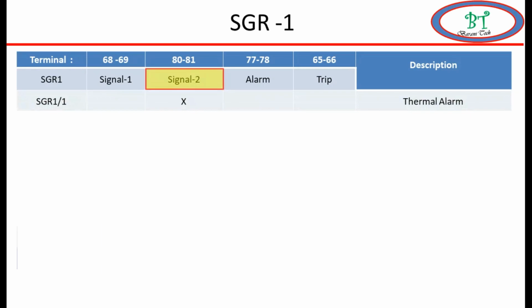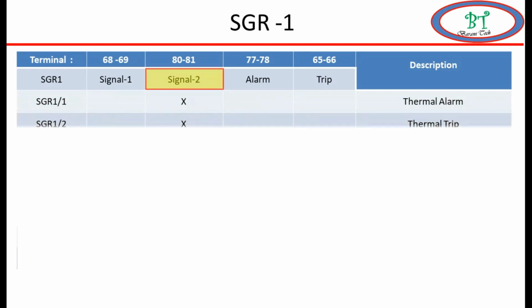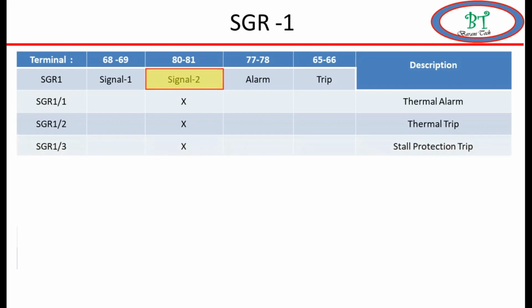Next, when we configure SGR1/2 as 1, then the thermal tripping signal is configured for programming signal 2. Next, for SGR1/3, when we configure 1, then the stall protection is configured to output terminal 80 and 81.